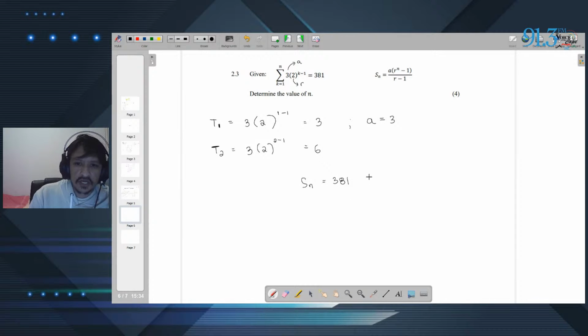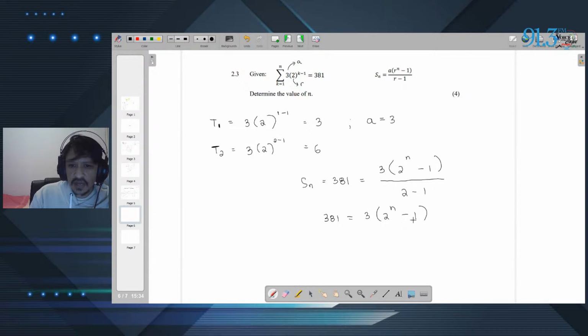So let's say that 381 equals A, which is the first value, so 3, times R, which is 2, to the power of N minus 1, over 2 minus 1. So here we'll get 381 is equal to 3, and this is going to be 1, so it just remains 3 times 2 to the n minus 1.